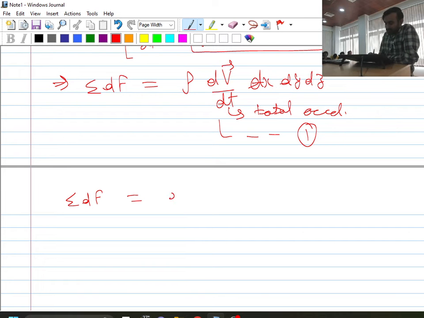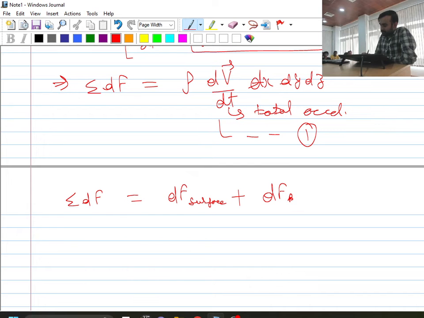First will be surface force. Anything else? Plus body force. So these will be the two sets of forces which will be acting. One will be surface force and second will be body force. Now, what will be body force?